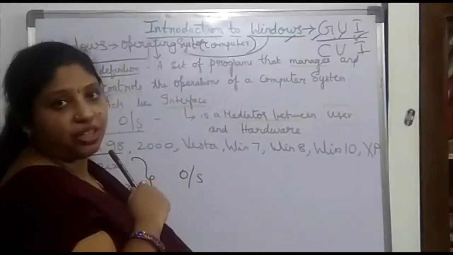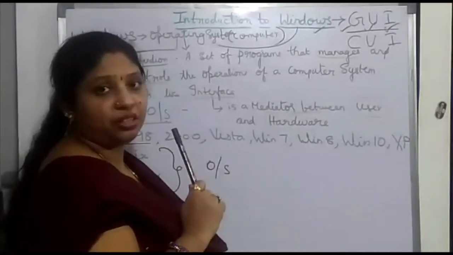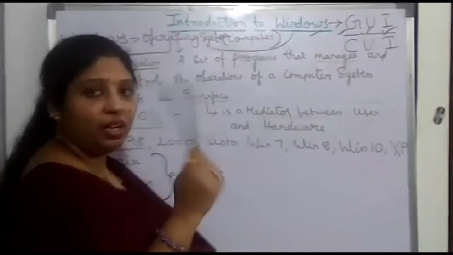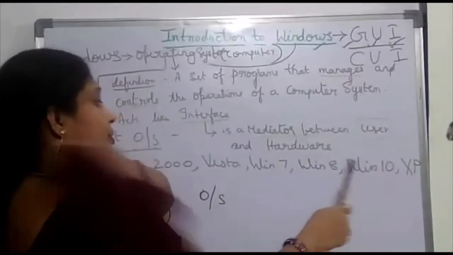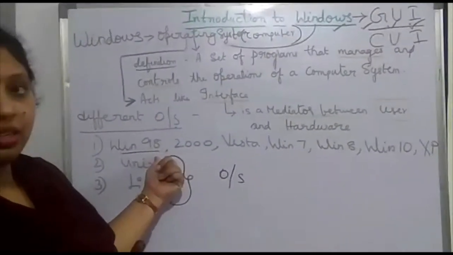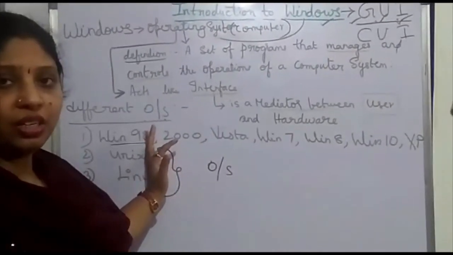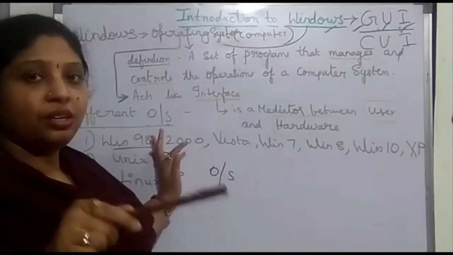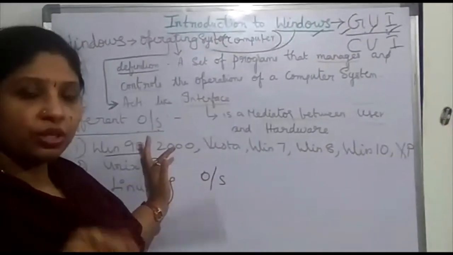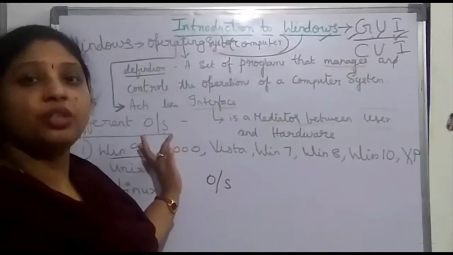What are versions here? Versions are nothing but like a book edition. What is a book edition? For example, in Windows 98, some features are there. If you increase more features in it, it becomes a new version. For example, in books, you add more topics and you call it a new edition.